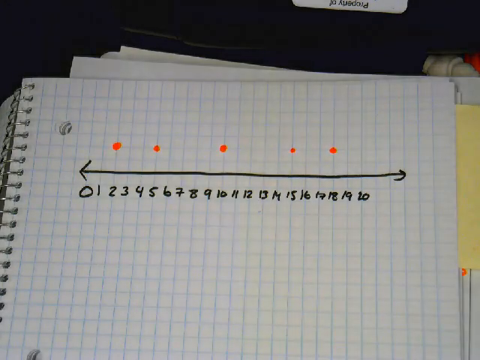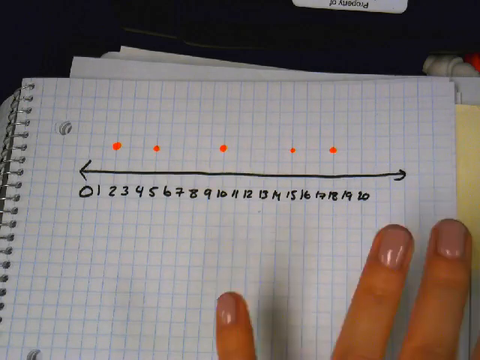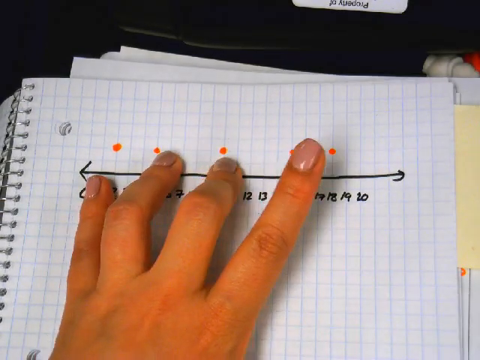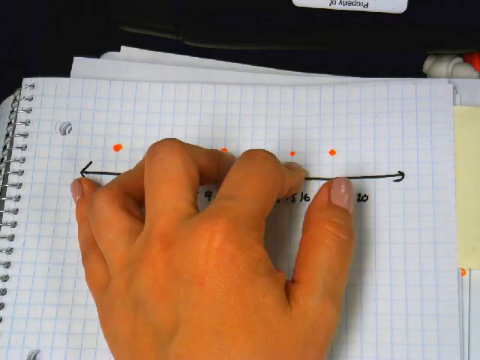You put a dot in the values that you found before. Each dot represents one of your fingers in order. So if I put my left hand on here, the first dot is my pinky, which is my minimum. My lower quartile, my median, my upper quartile, and my maximum.